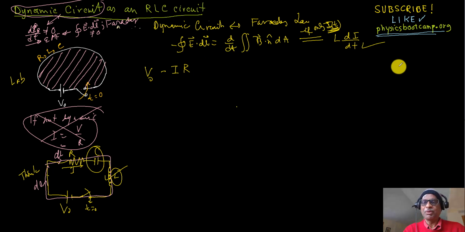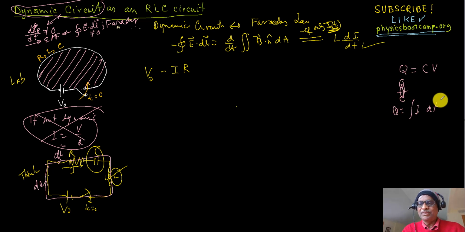Now I'm going to go through this capacitor. The capacitor formula is Q equals CV, right? So I get Q over C, where Q equals the integral of I dt. I get a minus, because the voltage drops across here.